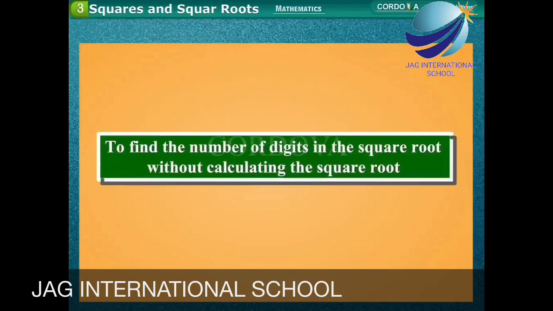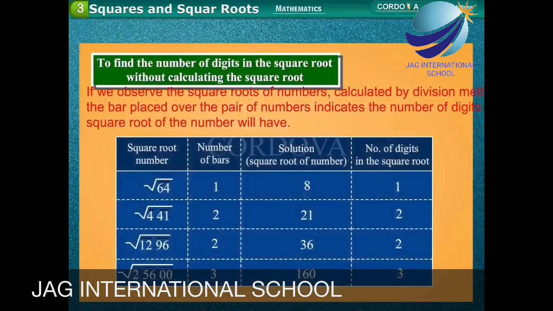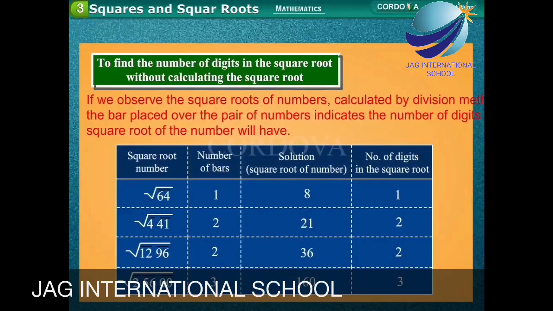To find the number of digits in the square root without calculating the square root. If we observe the square roots of numbers calculated by division method, the bar placed over the pair of numbers indicates the number of digits the square root of the numbers will have.